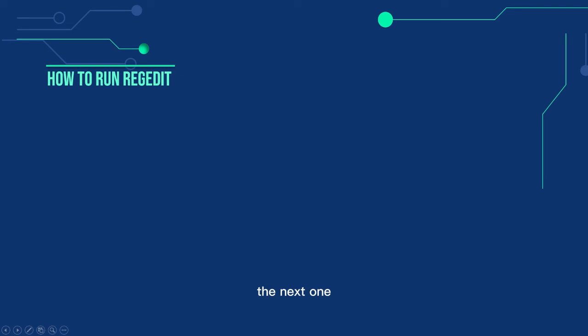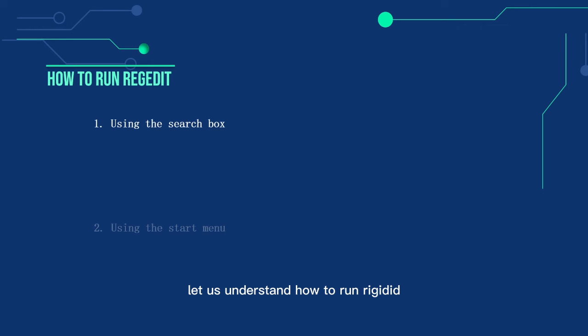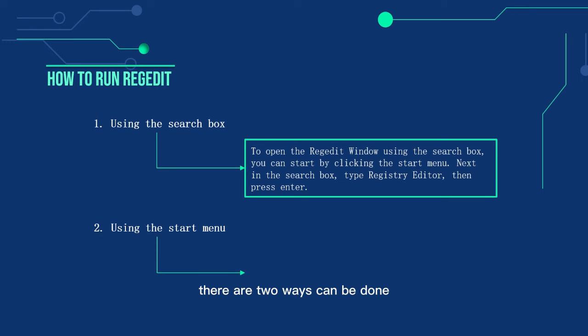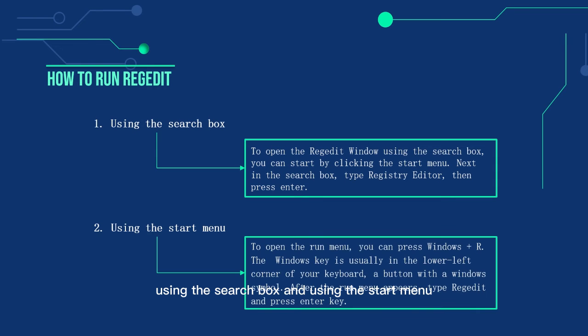The next one, let us understand how to run Regedit. There are two ways this can be done, namely as follows: using the search box and using the start menu.